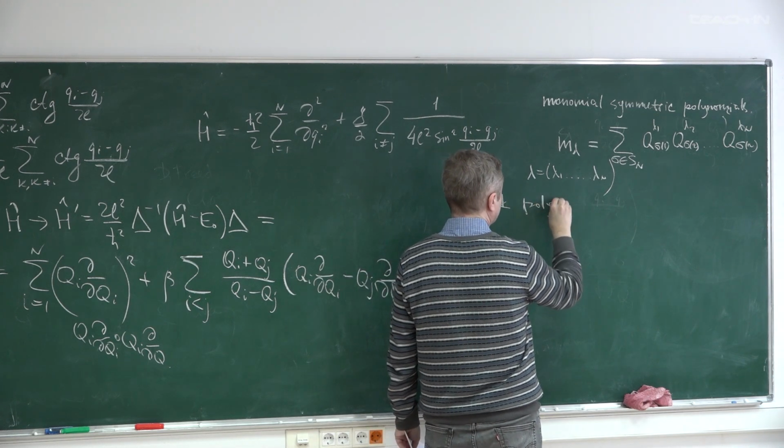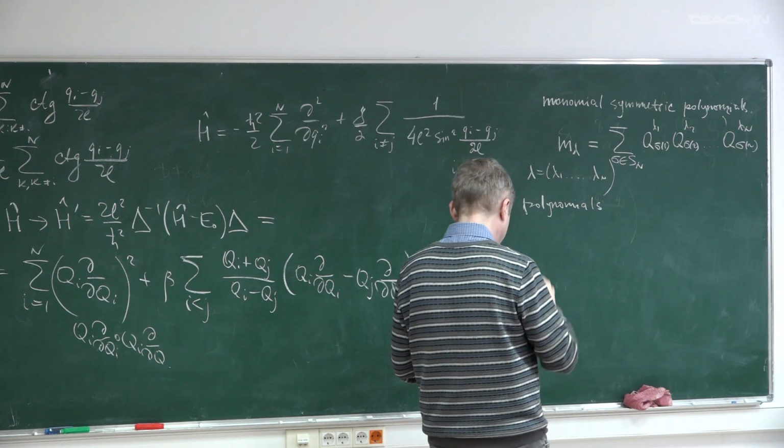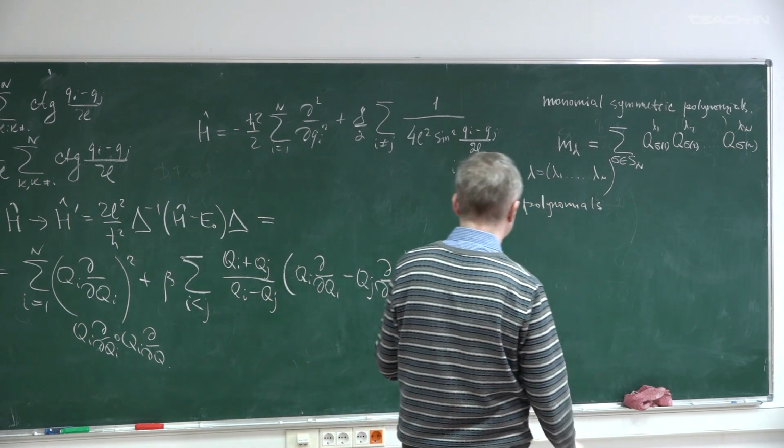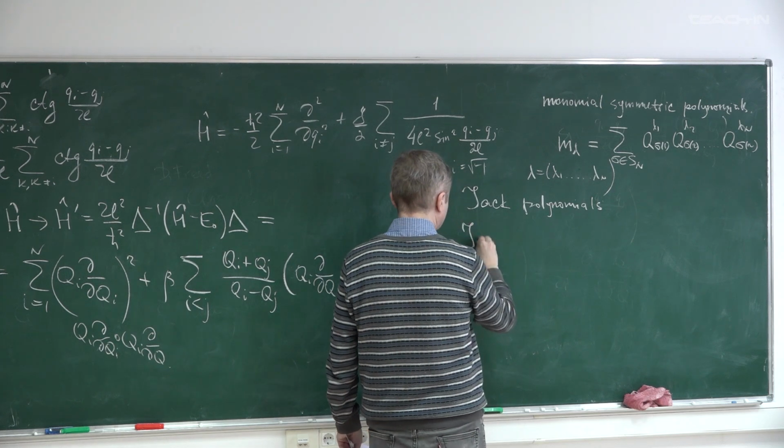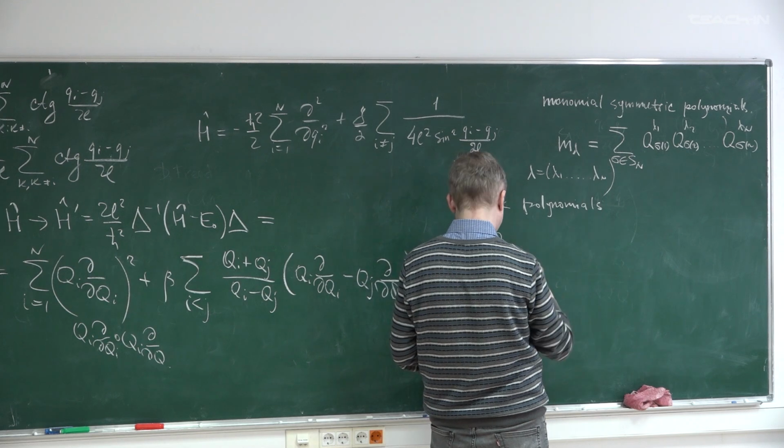Jack polynomials. And these Jack polynomials are constructed as follows. They depend on this set of variables q large.